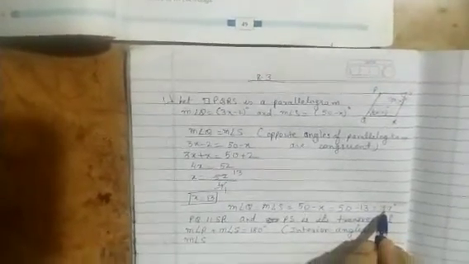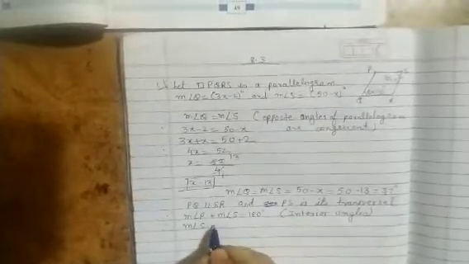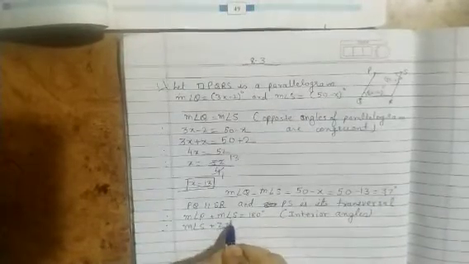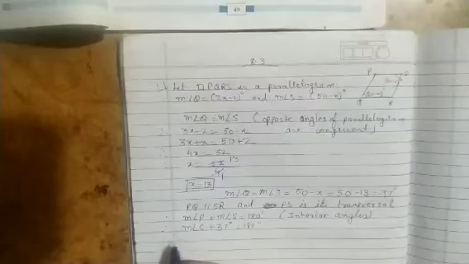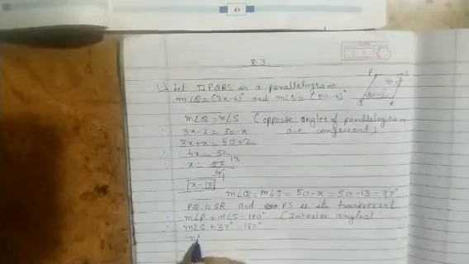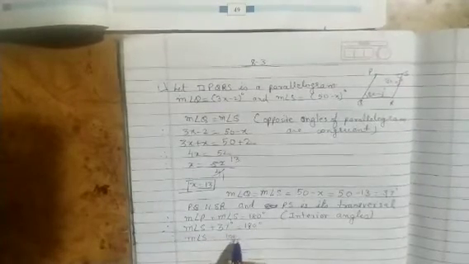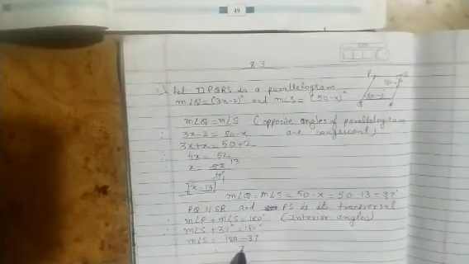Now we have to find the measure of angle P, and S we know is 37 degrees. Then here we will substitute 37 degrees, 180 degrees.